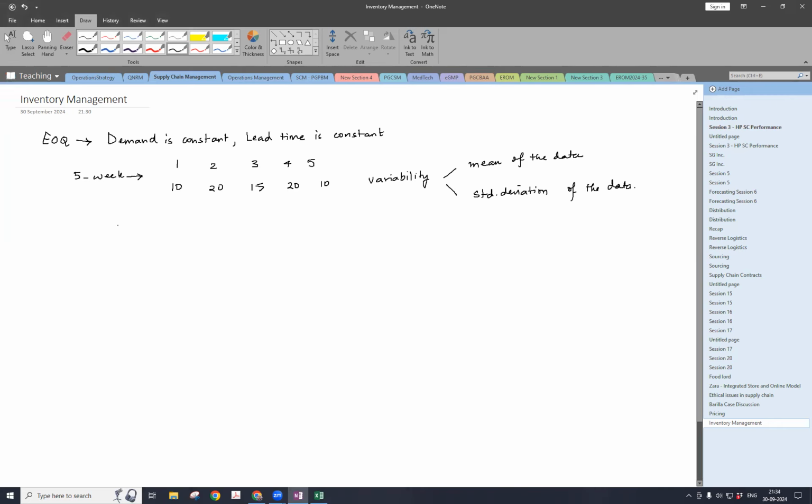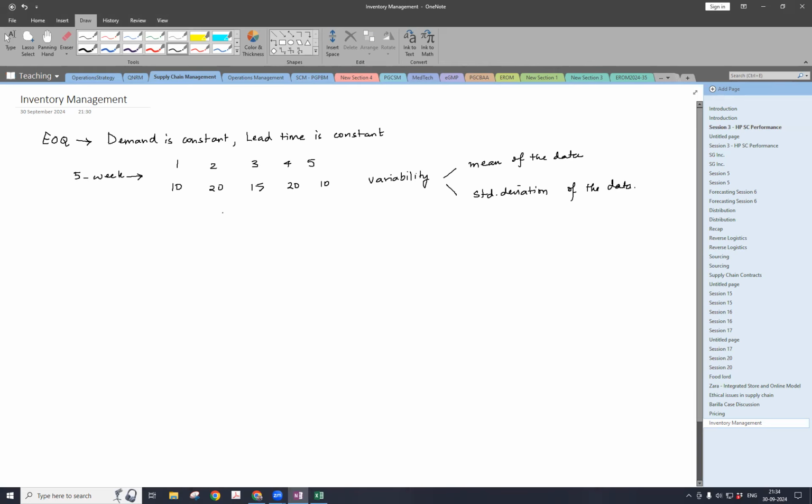Now, whenever we look at inventory management models, especially when we try to understand how demand for a particular product works, we can have different types of distributions of demand. The whole point of the distribution of demand is that whenever there is variability, we want to understand whether there is a pattern to that variability.